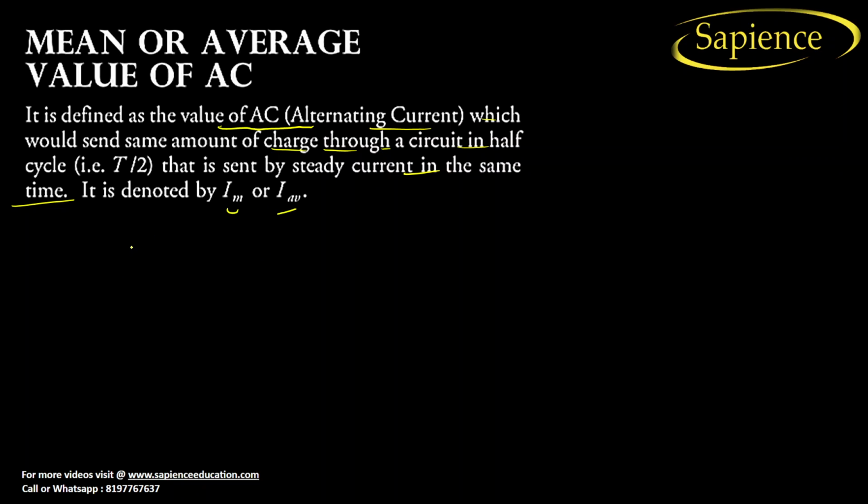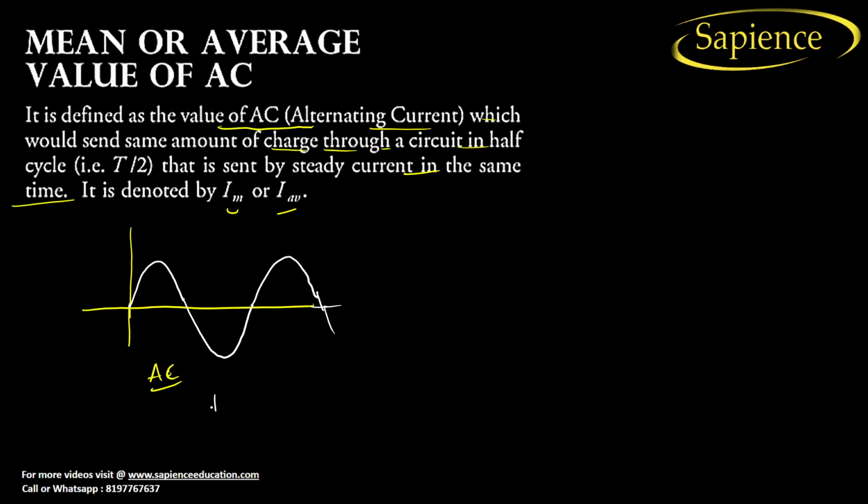Now let us consider there is an alternating current source, an AC source, and you know that the AC current source is in the form of either a sine wave or a cos wave. So this is your sine wave or cos wave, got it? Here current is in the form of I is equal to I naught sine omega t, right?